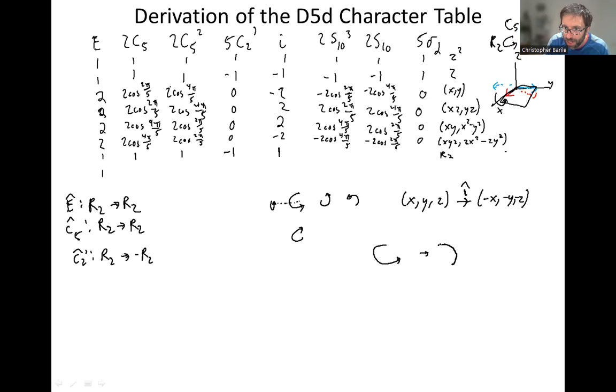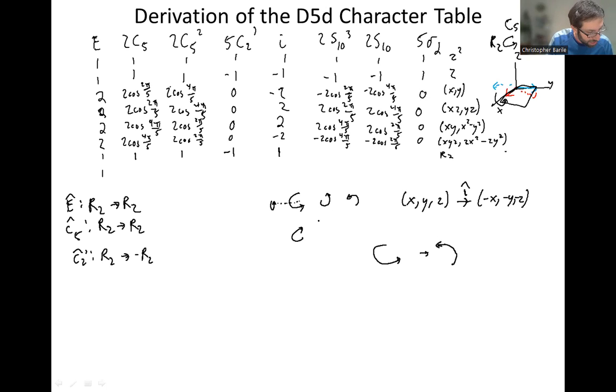So we end up getting something like this. And if we look at that, it's still in the same direction, counterclockwise, counterclockwise. So we get a 1. Inversion is a little hard to visualize, but you work through it like this with 3 parts of your vector, and you actually get it not changing. So RZ went to RZ.